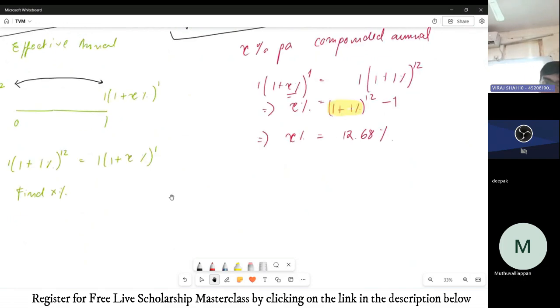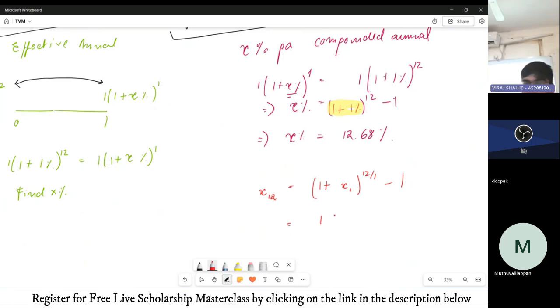Okay. So what do we need to find over here? x was compounded annually, right? So x12 you need to find, where you have 1 plus x monthly, what was given to you, 1% to the power 12 by 1, minus 1.